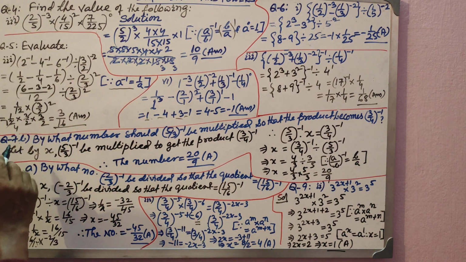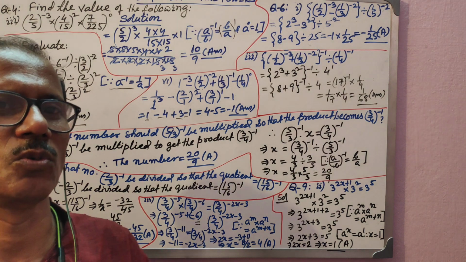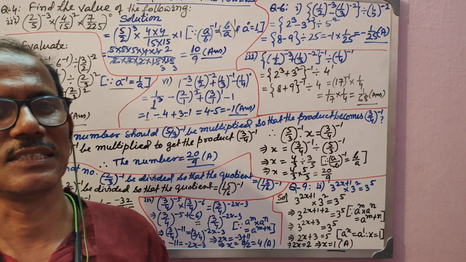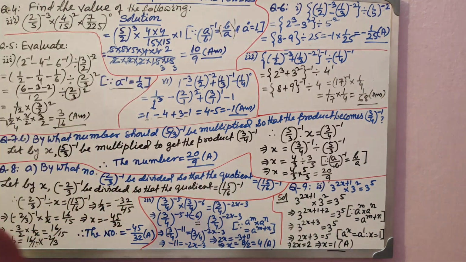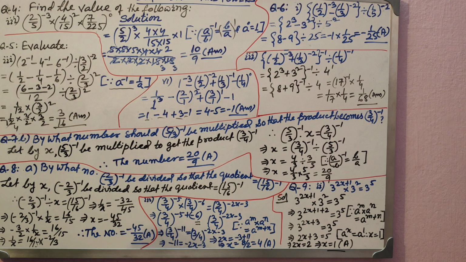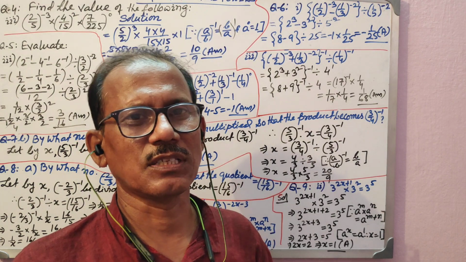Now moving on to question number 7. There are two questions. By how much should you multiply the given power so that you will get another power as the product? That is what you need to find out. I have said to you, it will be easy if you learn only one standard procedure.